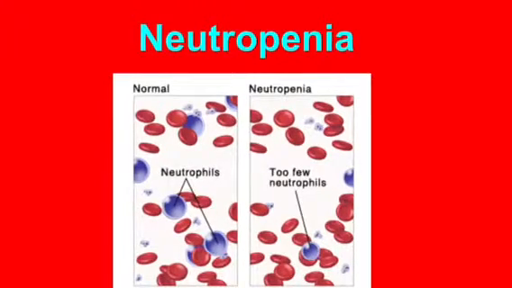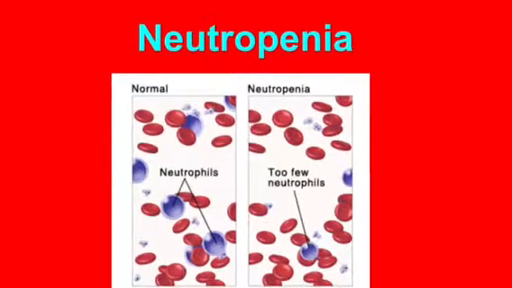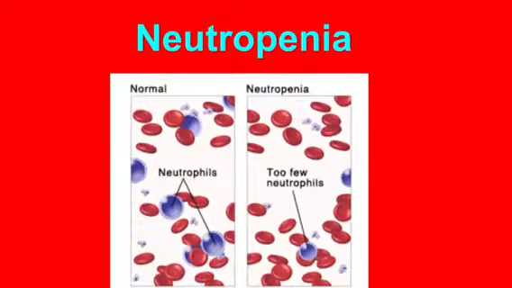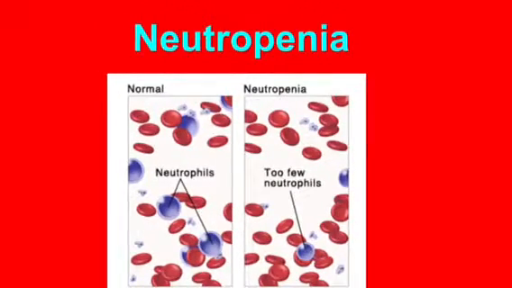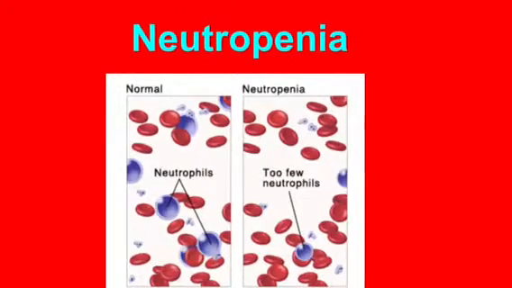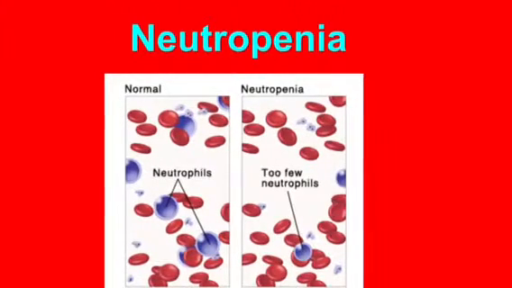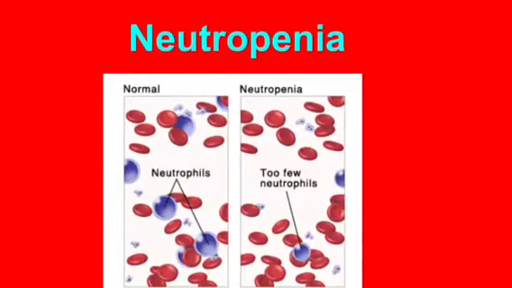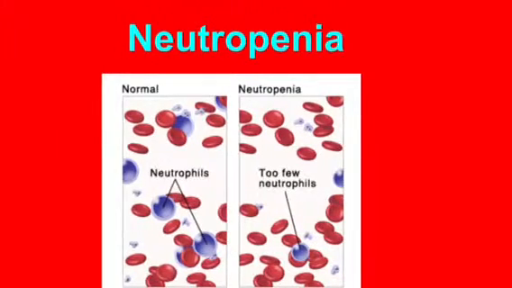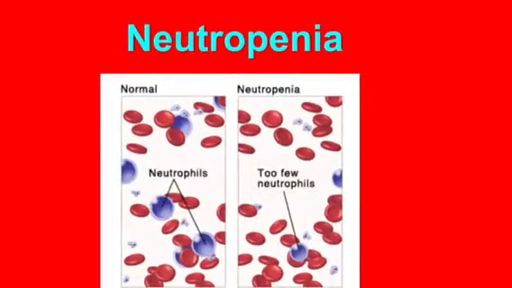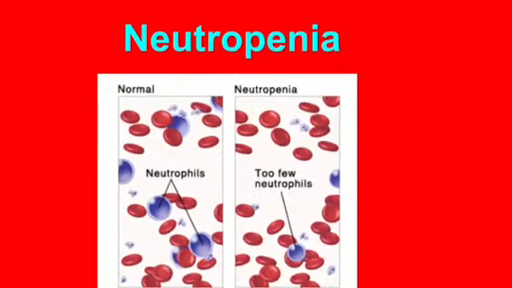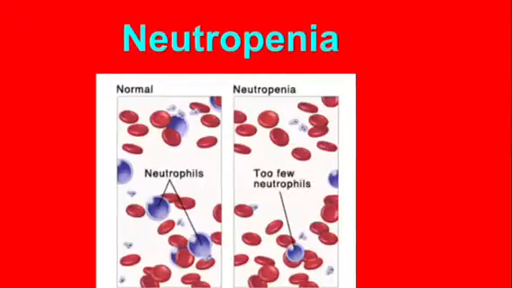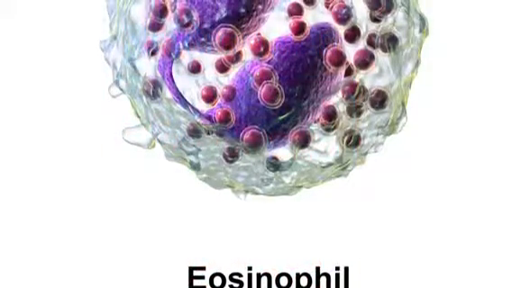Another one is autoimmune, which develops later in life, and the body makes antibodies that fight neutrophils, and these antibodies kill the neutrophils. Another one is idiopathic, which also develops later in life and can affect anyone, and its cause is unknown. And the last one is congenital, which is present at birth, and it's Kostmann syndrome.